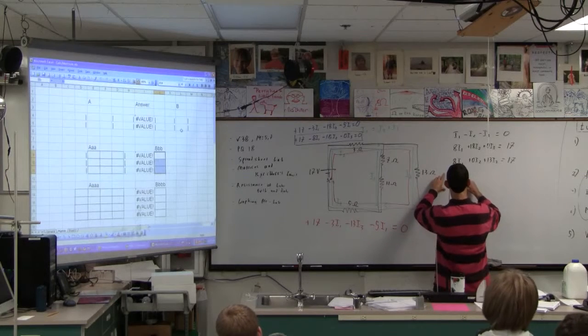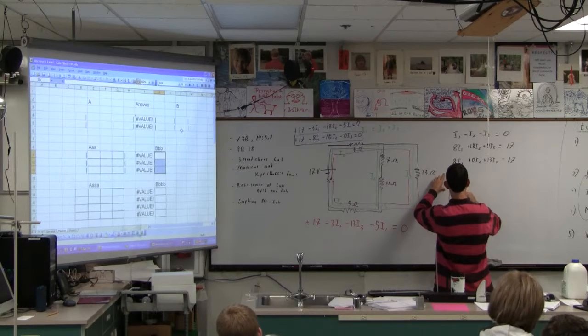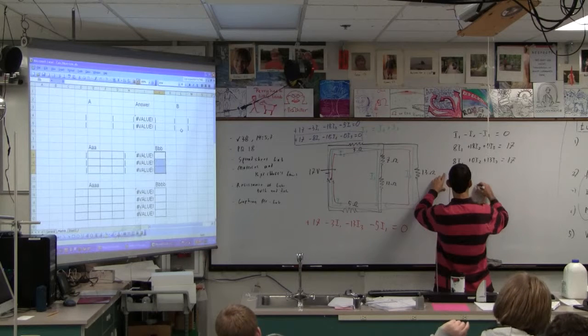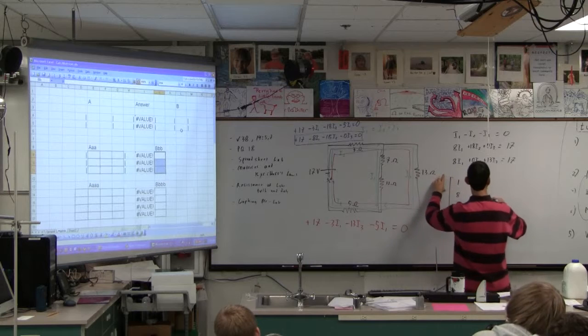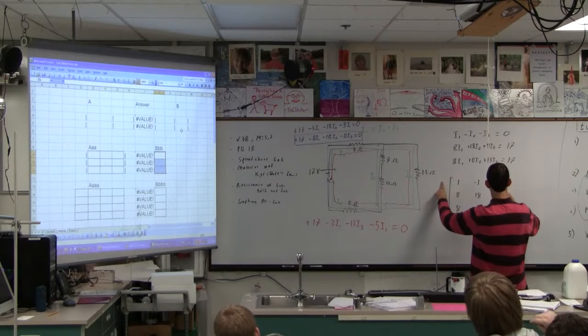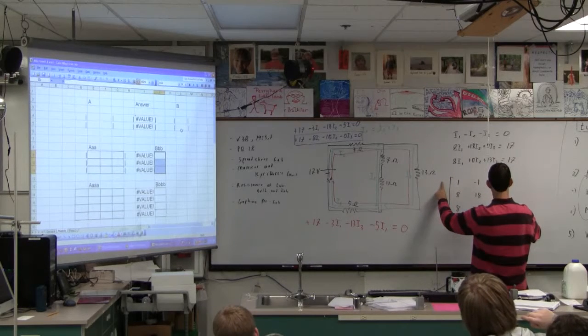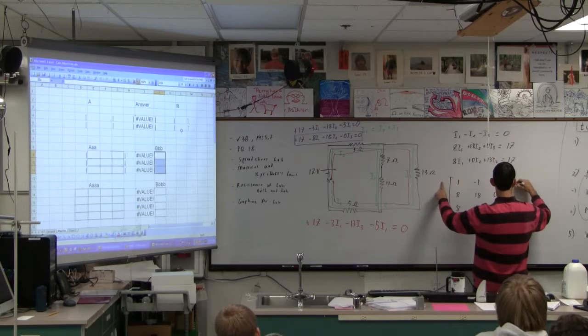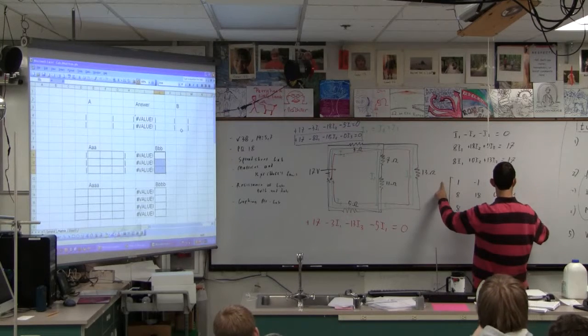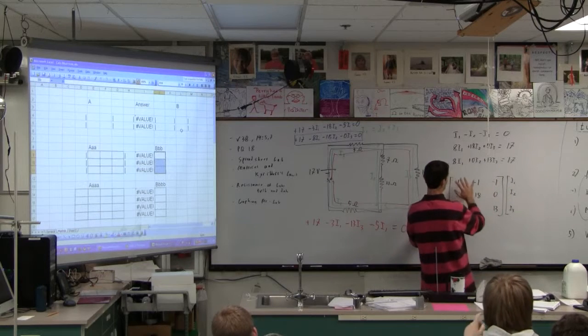right? And it's going to be 1, 8, 8, -1, 18, 0, -1, 0, 13, times I1, I2, I3. So these guys go like this.